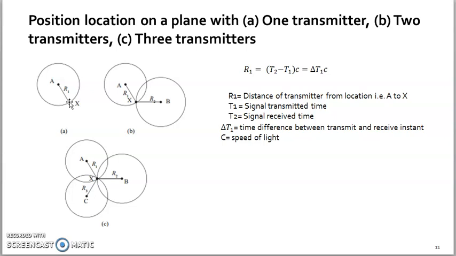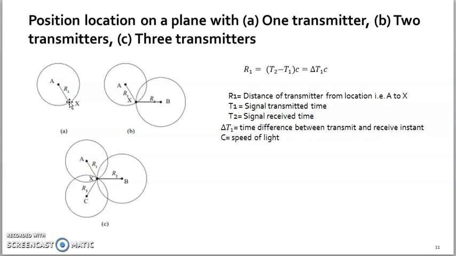So that's why the range depends upon the timing of transmission and receiving time there.